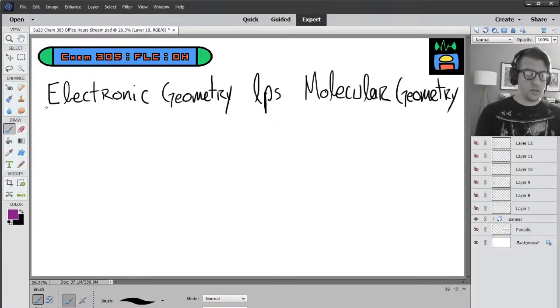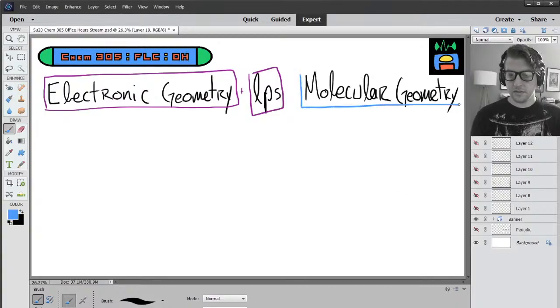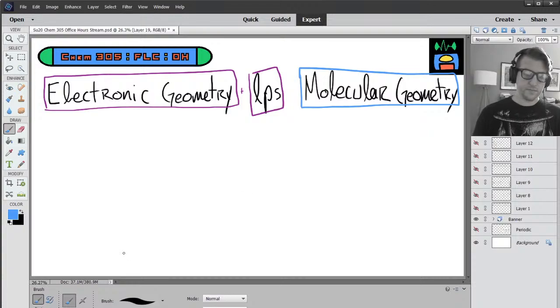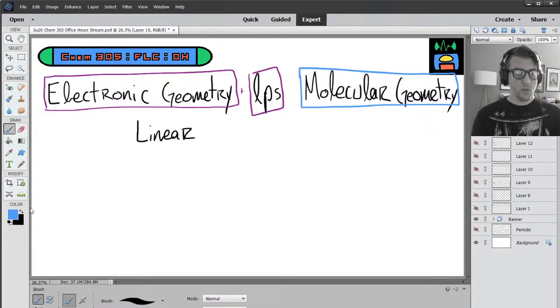So if your electronic geometry is linear, the cool thing is, we can skip the lone pairs part and go straight to the molecular geometry.